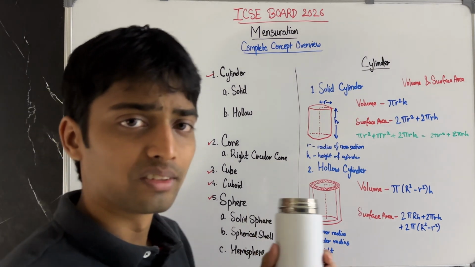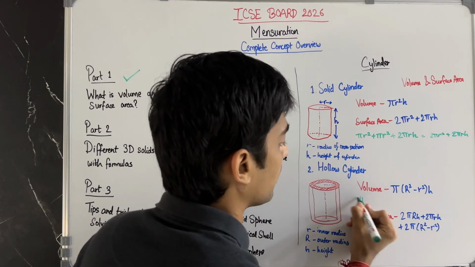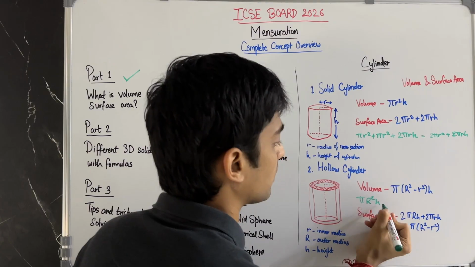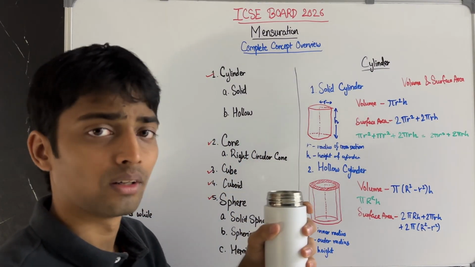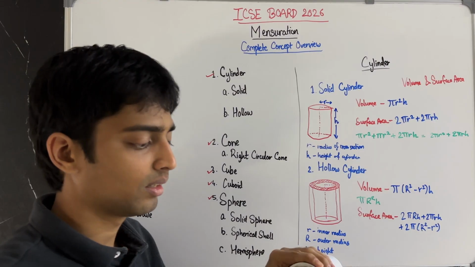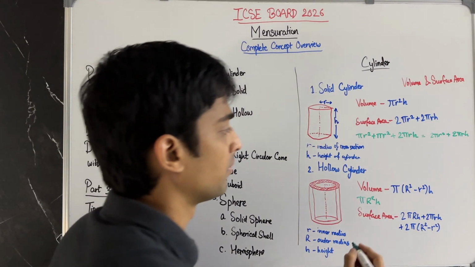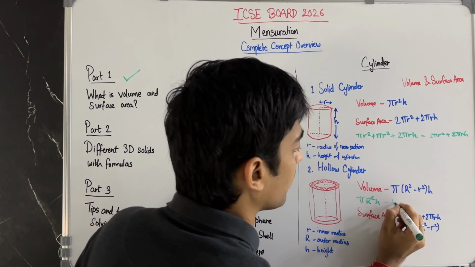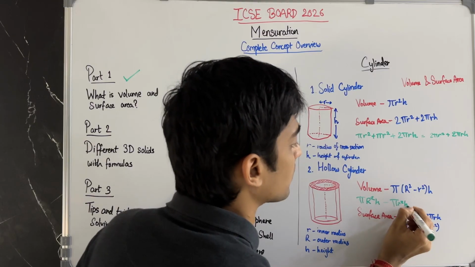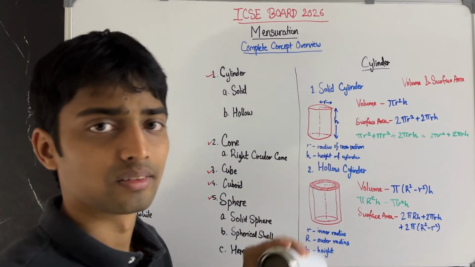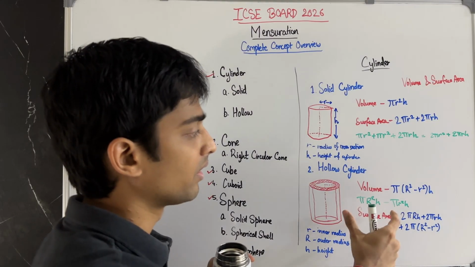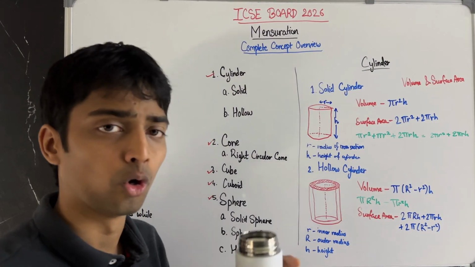The volume of the outer cylinder would be pi capital R square h. So we'll get the whole outer portion included volume, and the inner volume we will get is pi small r square h, because we take the inner radius. When we subtract it, we get the volume of the hollow part.